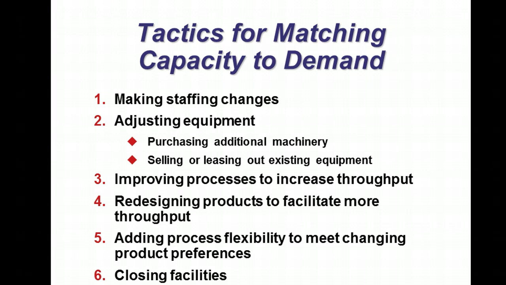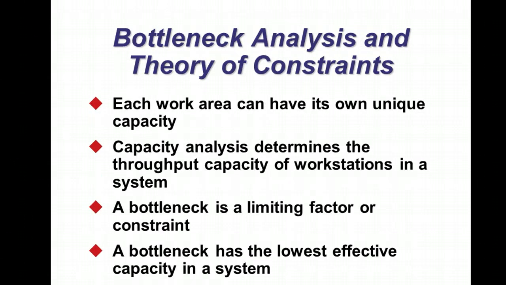If it's possible to do more with less to increase the productivity, then that should have already been done. Redesigning products to facilitate more throughput, again, kind of a no-brainer. Adding process flexibility, and then closing facilities if you've got too many. It depends on the situation, but you do have options to match those two items.